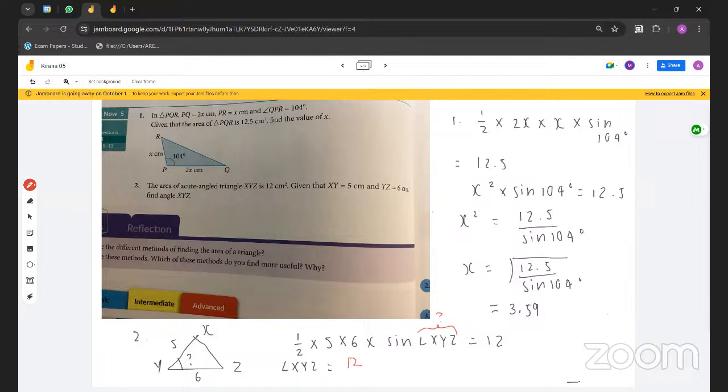The 12 is here, right? Now, you don't want the half on the left, right? What kind of door will help you eliminate the half on the left?